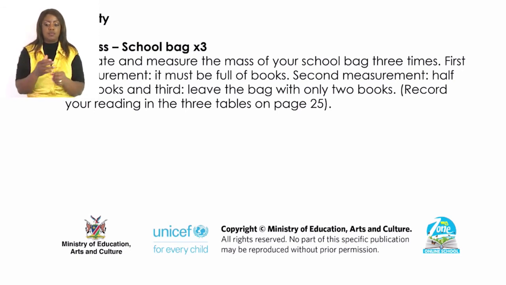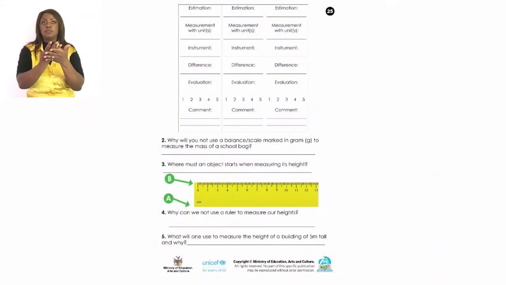The second measurement, you need to have the books. And the third, you must leave the bag with only 2 books. You must do this recording in the table on page 25.